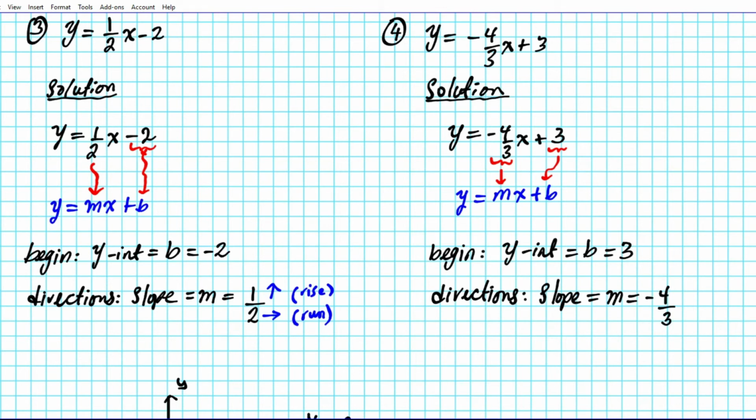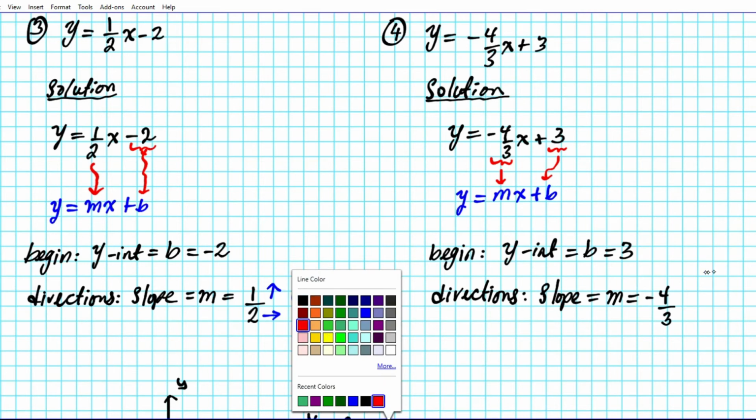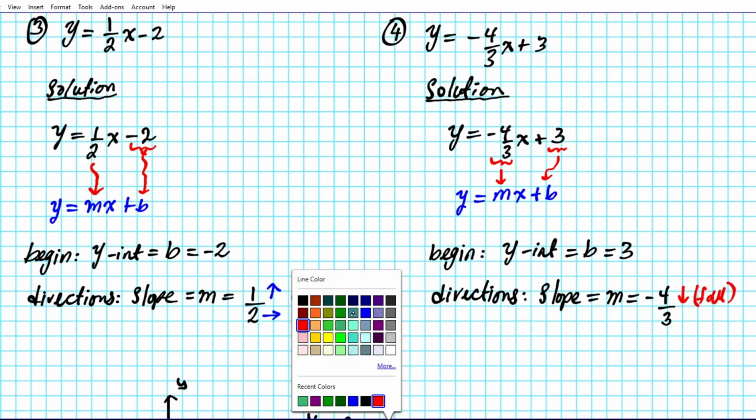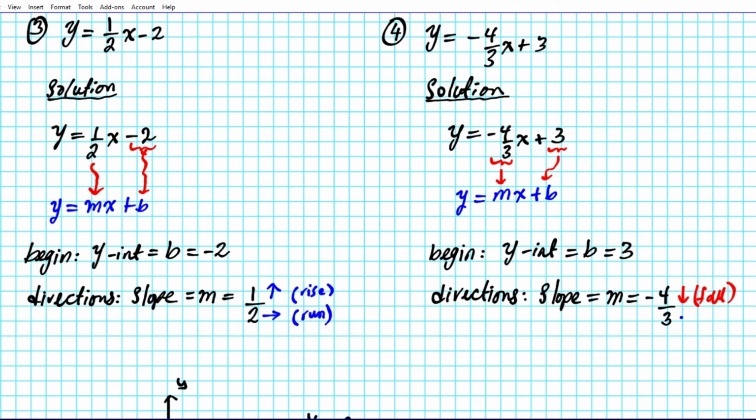So instead of rise, we're going to fall 4 units, and then we're going to run 3 units. So in this case, we have a fall over run because of the negativity of the slope.